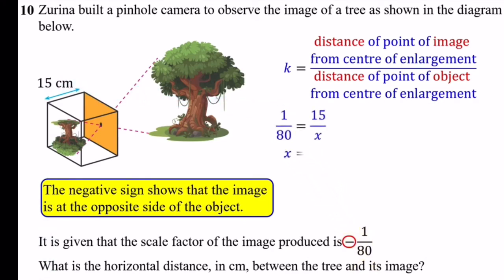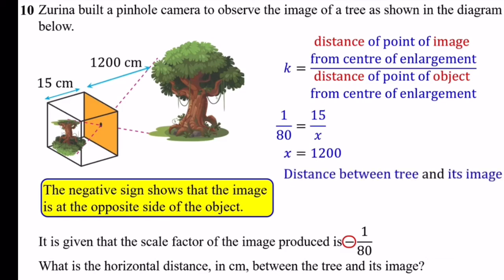So we have 1 over 80 equal to 15 over x. We will solve it using cross multiplication, so we will get x is 1200. Bear in mind that the negative does not need to be written in the formula. It's just telling you that the image is in the opposite direction to the object.